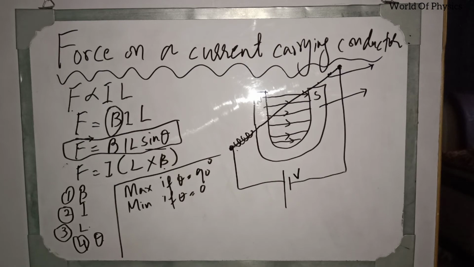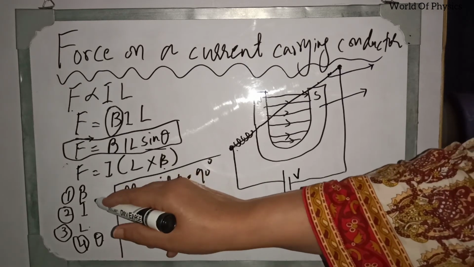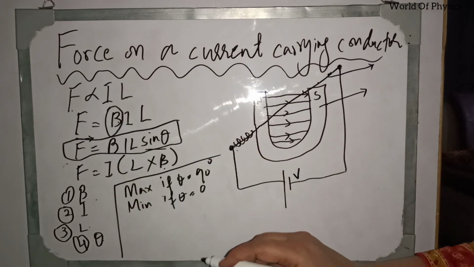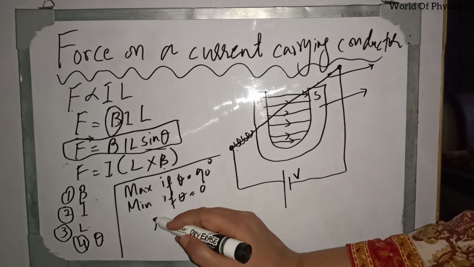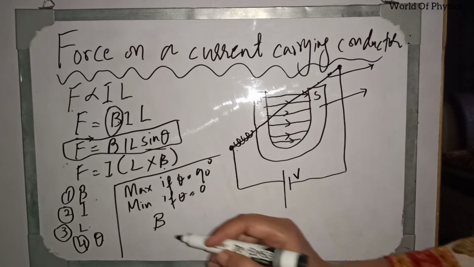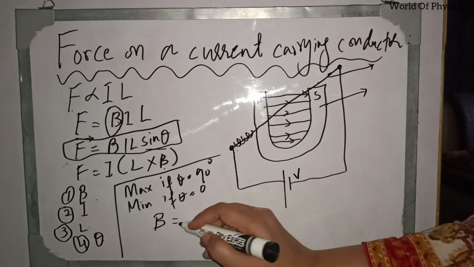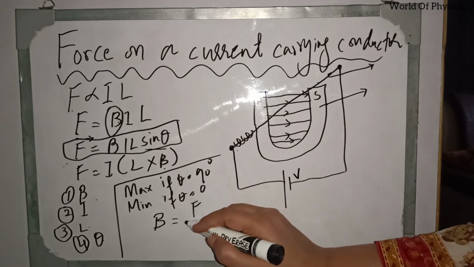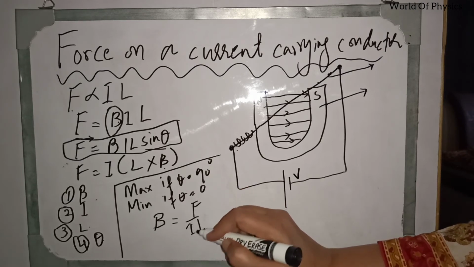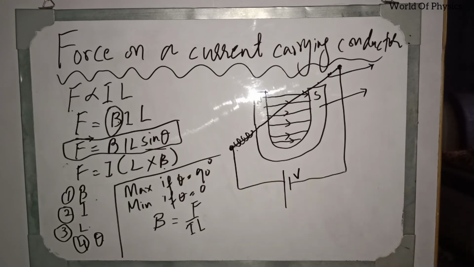Now this B, which is called magnetic induction, or which is the constant of this equation, if we want to find out the value or the units of this B, then B is equal to F divided by IL. The unit of B is called Tesla.